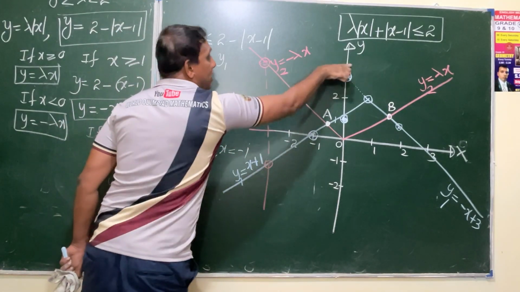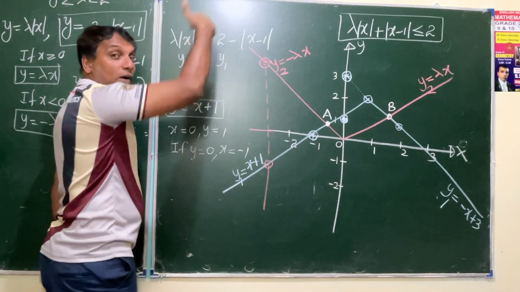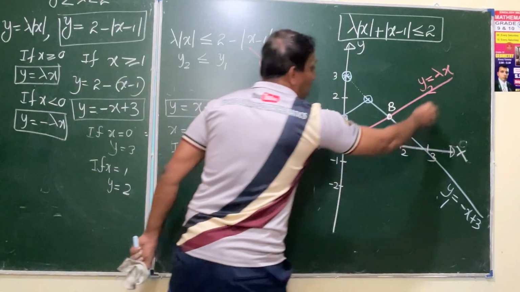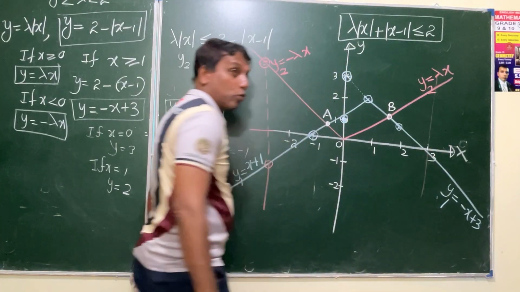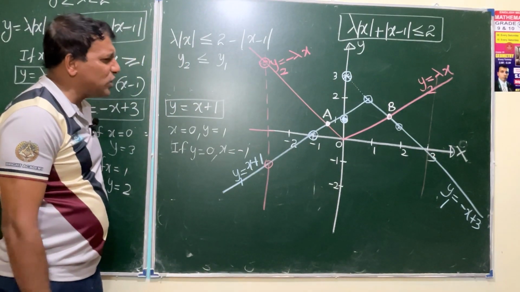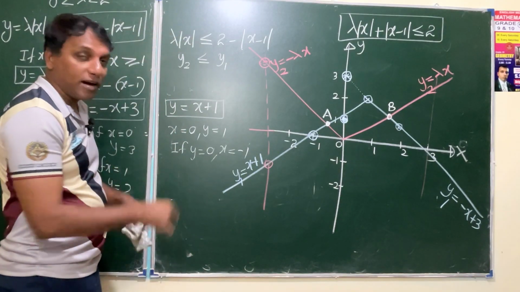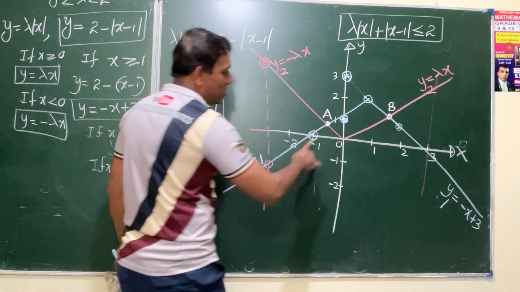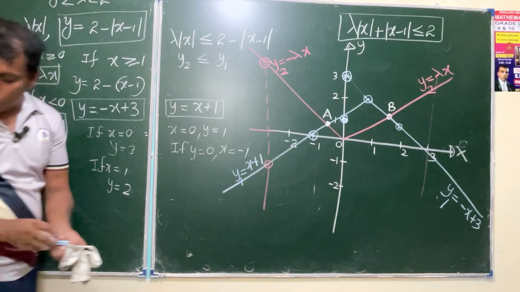Here is the y2 value, the y1 value, right? But you need y1 up. Similarly, if you come somewhere here, y2 up, y1 down, you can't take it. So check where y1, the blue graph, is up and the red graph is down. That comes in this shape, see. Can you see my technique of solving?